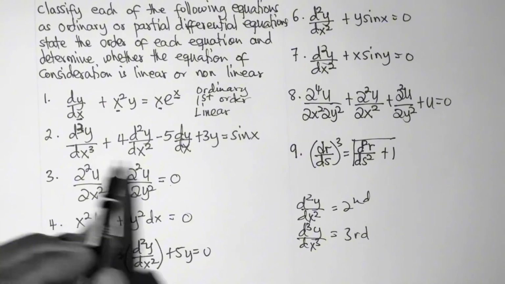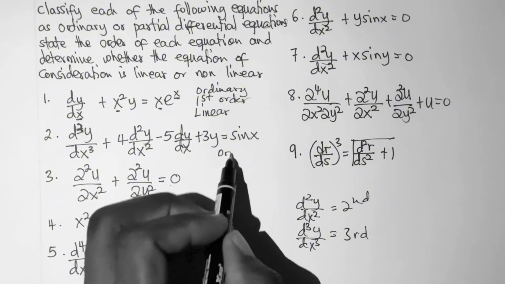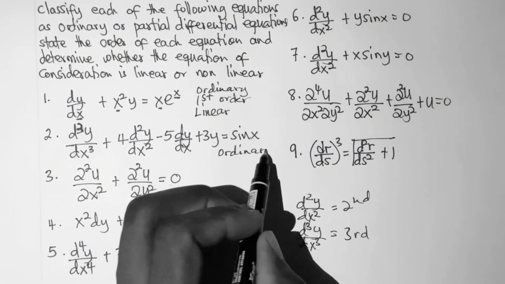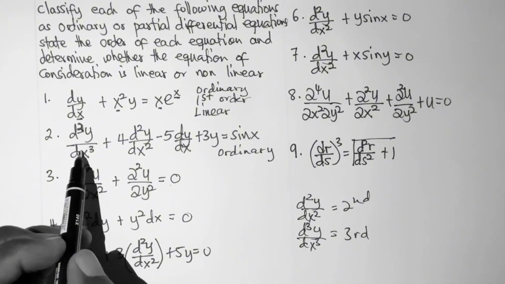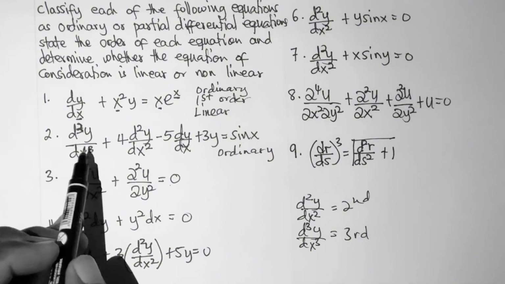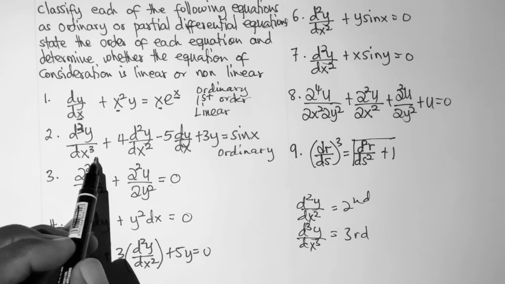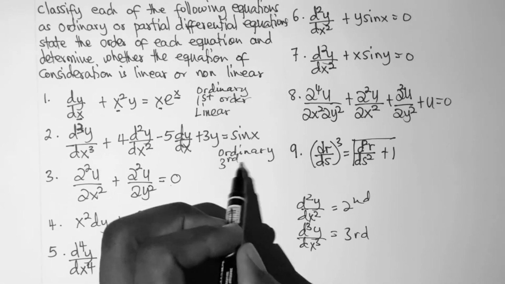You see that the independent variable is only one, which is x, and therefore this is an ordinary differential equation. The second thing is that we are supposed to determine the order. You see that this is d cubed y dx cubed, so this is a third order.